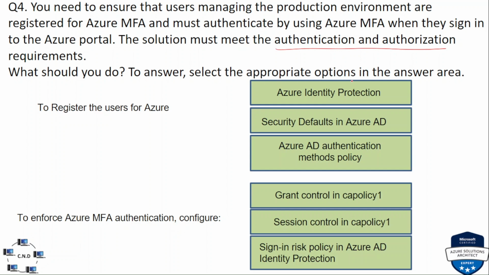Select the appropriate options in the answer area. Again, we have two options and then multiple answers for each option. So to register the user for Azure MFA, and the other option is to enforce Azure MFA authentication, configure.